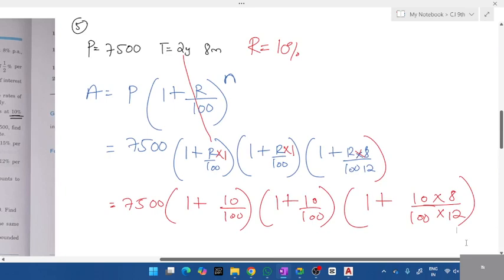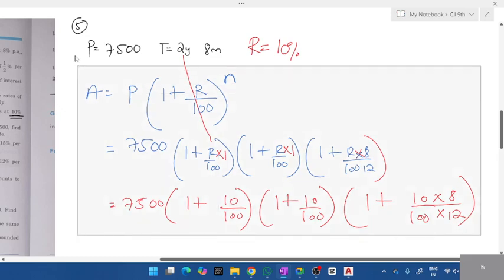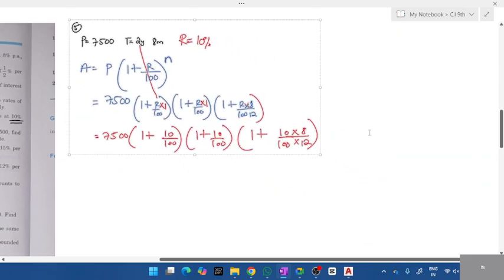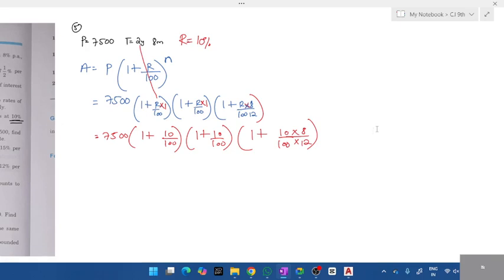Take LCM and solve it. Fine, I'll give you all 5 minutes. Complete it, students. Any doubt? I'll explain later.